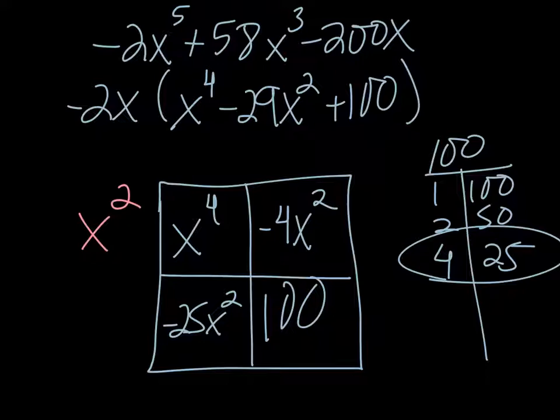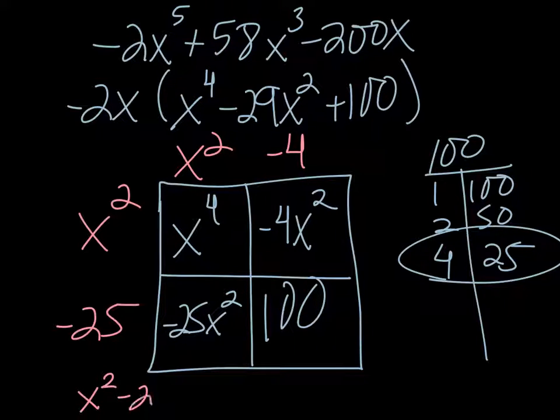Down here, we're going to have negative 25. Then when we're looking at x to the fourth and negative 25x squared, that's going to be x squared again. And then our common factor of negative 4x squared and 100 is negative 4. Okay, so x squared minus 25 and x squared minus 4.